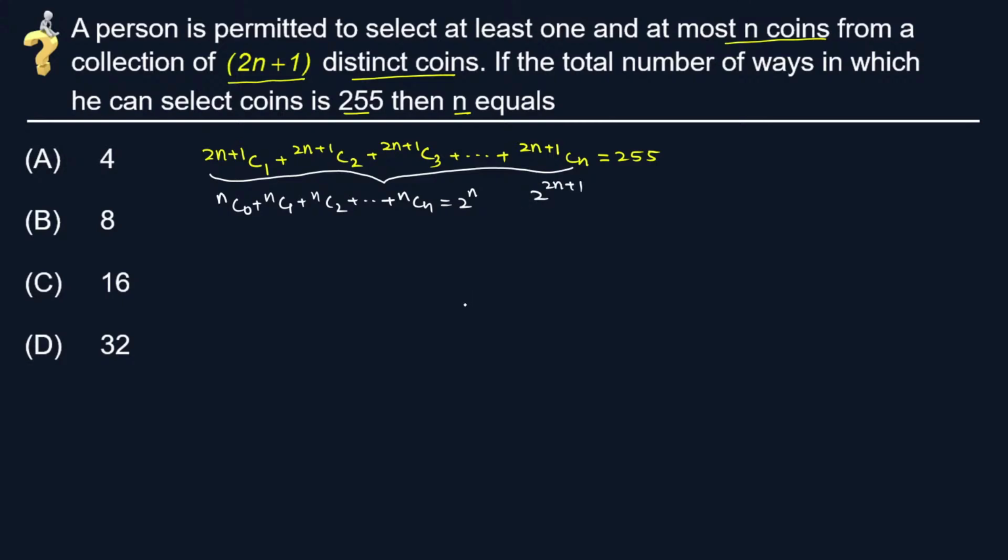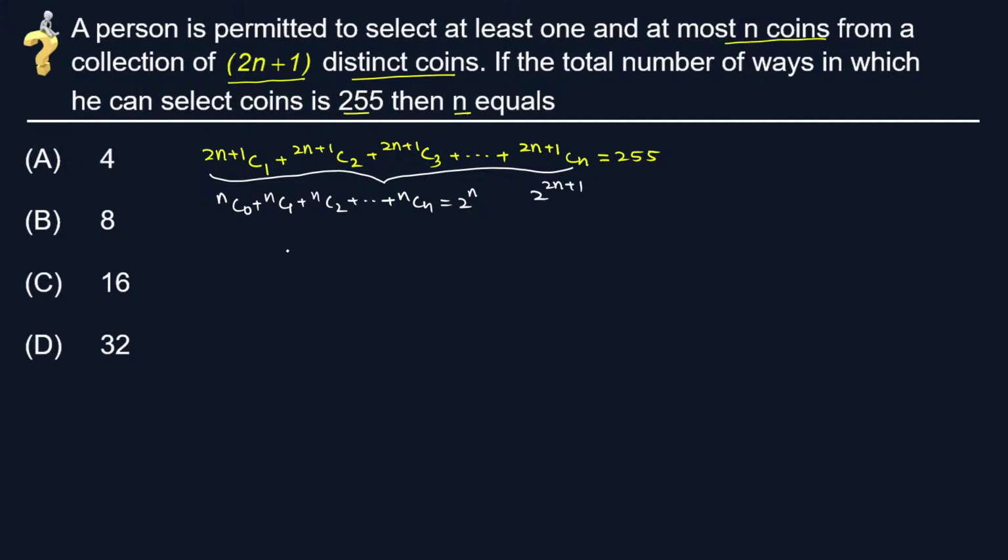Why? Because number 1, it has not started with 2n plus 1 C0, and number 2, it does not go till 2n plus 1 C2n plus 1. Is it clear? Therefore, we cannot use this formula.